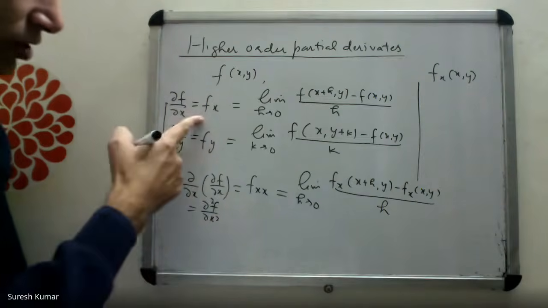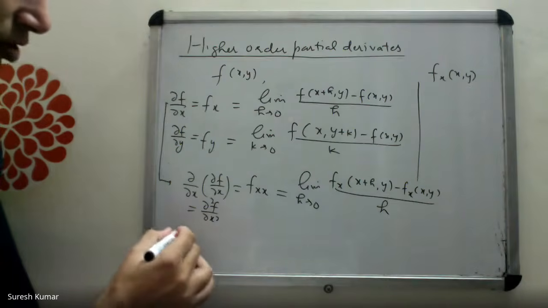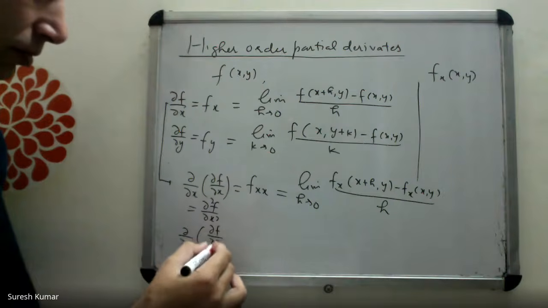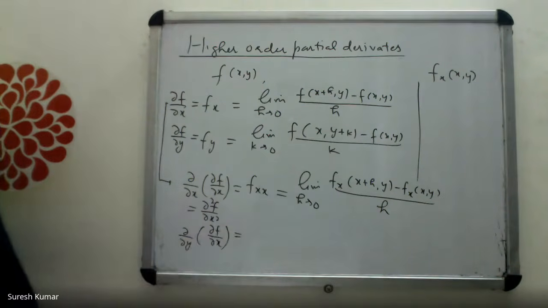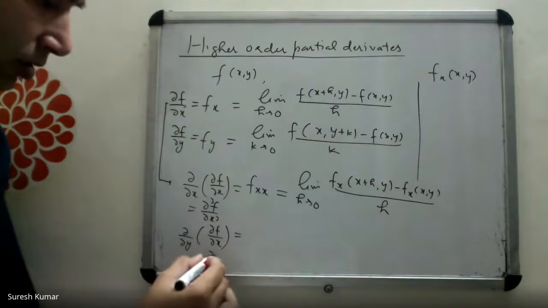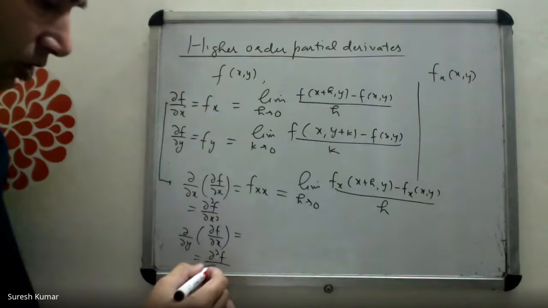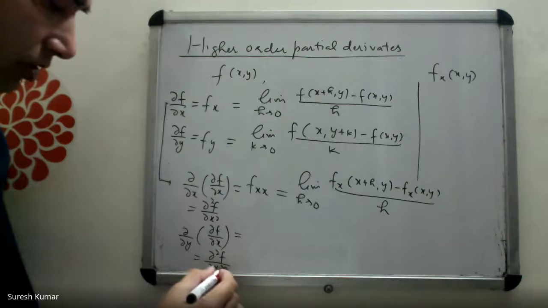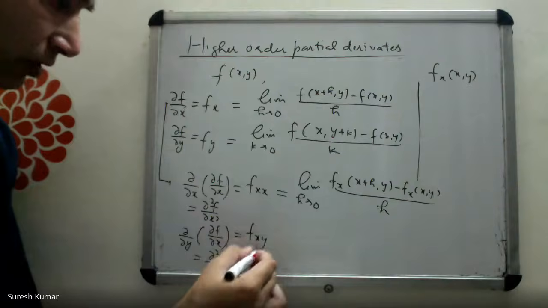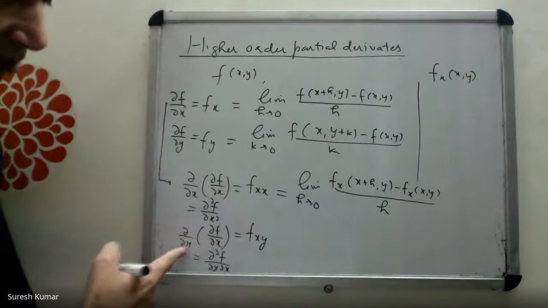If I differentiate this expression with respect to y, partially with respect to y, then one notation is that you can write it del 2 f over, or partial 2 f over partial y partial x. The other notation is f_xy, meaning first partially differentiate with respect to x and then with respect to y.